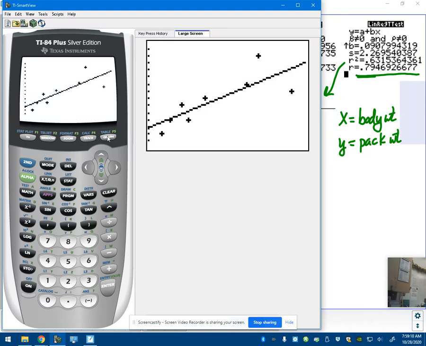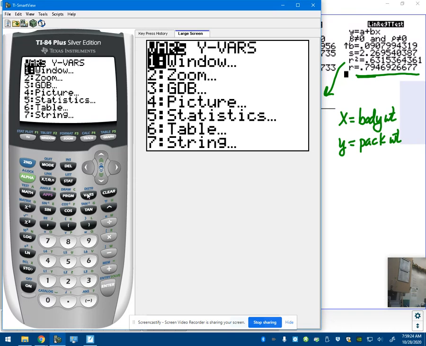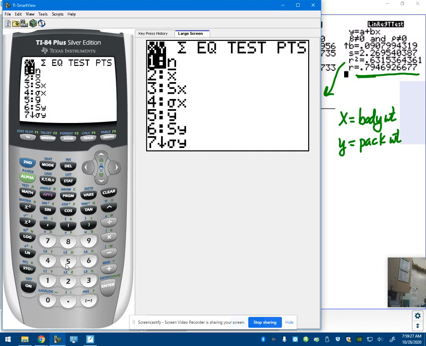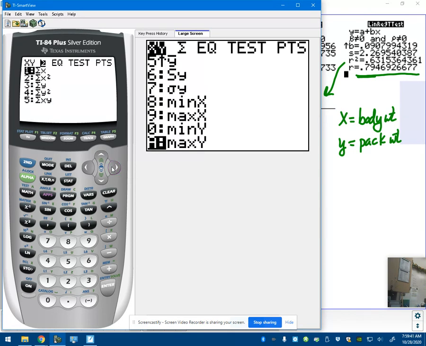And if I wanted to find out where Norman stores this, I would go to vars. It's a statistics variable. Do we have R down here? No. So let's try, is it part of the equation?